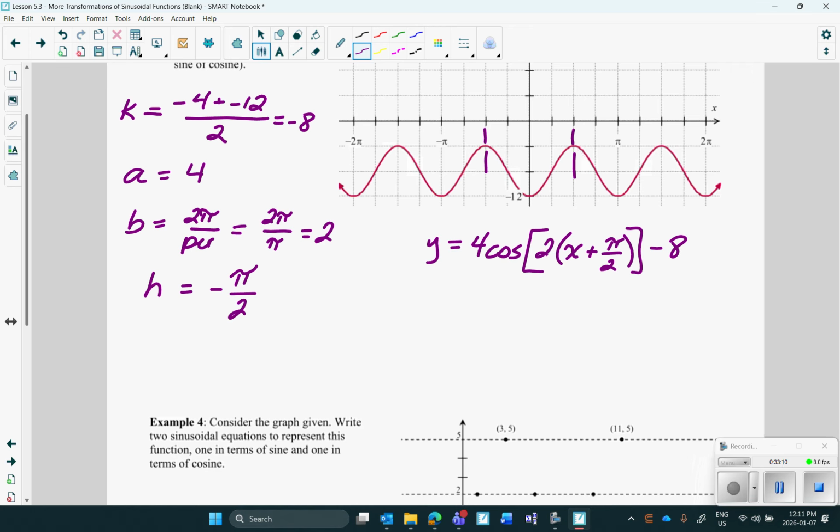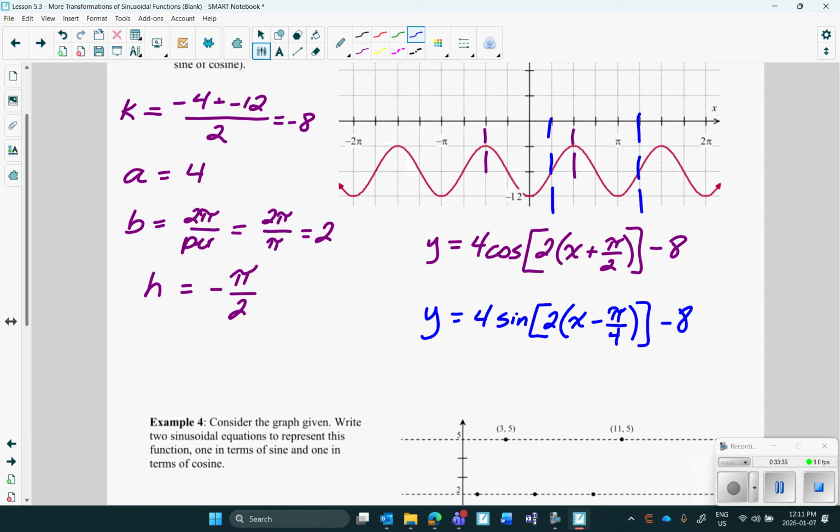If you did sine, so let's say I started sine here. Here's where sine starts and ends. So I would shift it pi over 4 to the right, correct? So therefore I would get y equals 4 sine bracket 2, x minus pi over 4, close parentheses and brackets, minus 8.